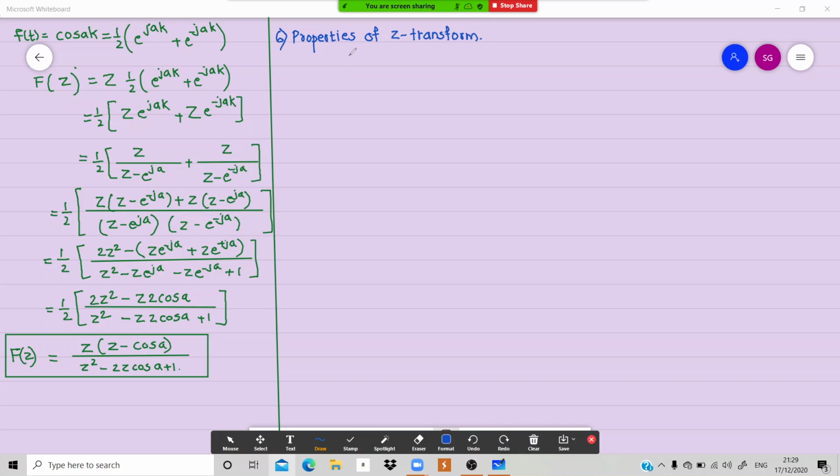Okay, so first property, very simple one. Actually, we already used it while solving this, right? Z transform you can distribute over addition. That is called as linearity. So number one is linearity.